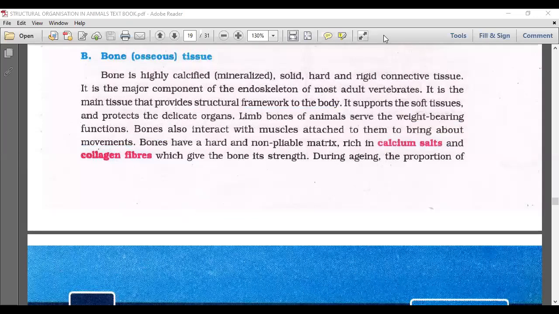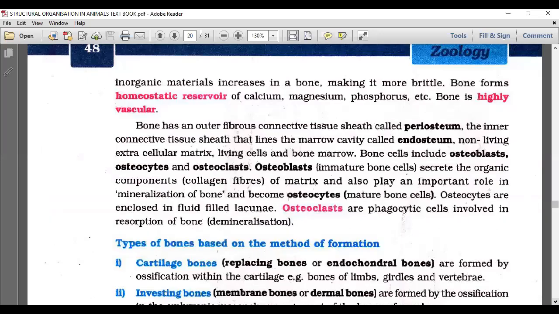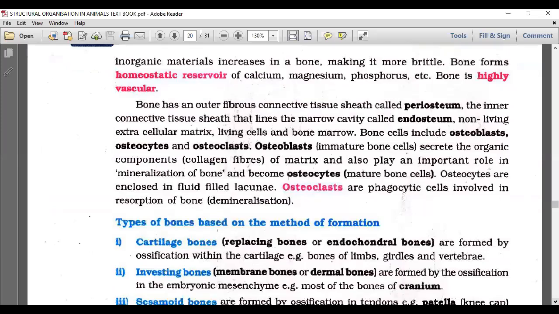During aging, the proportion of inorganic materials like calcium phosphate increases in a bone, making it more brittle.